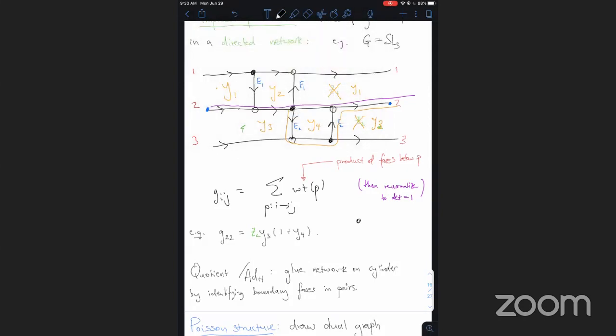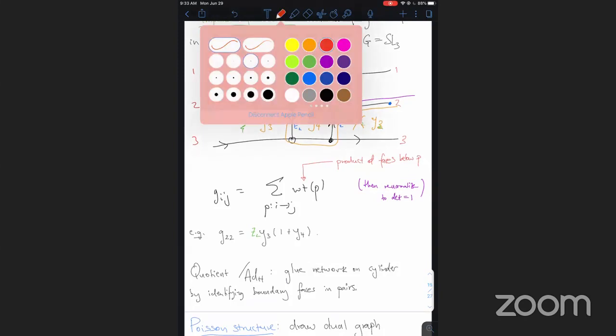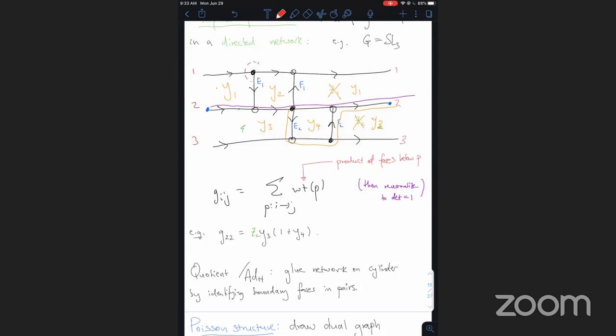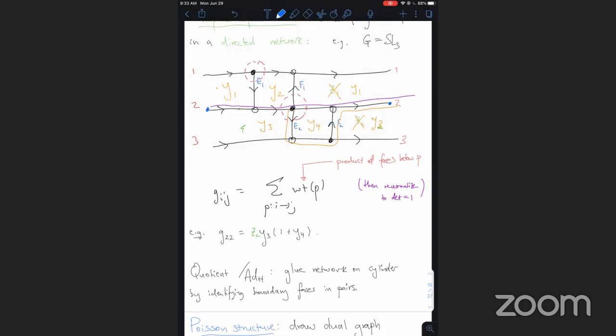There are vertices that have exactly one incoming edge, for instance these I've circled in red here, and everything else has exactly one outgoing edge, these I've circled here.